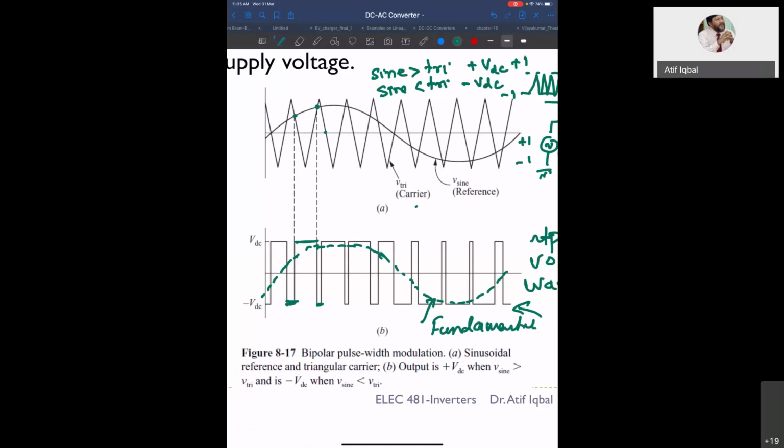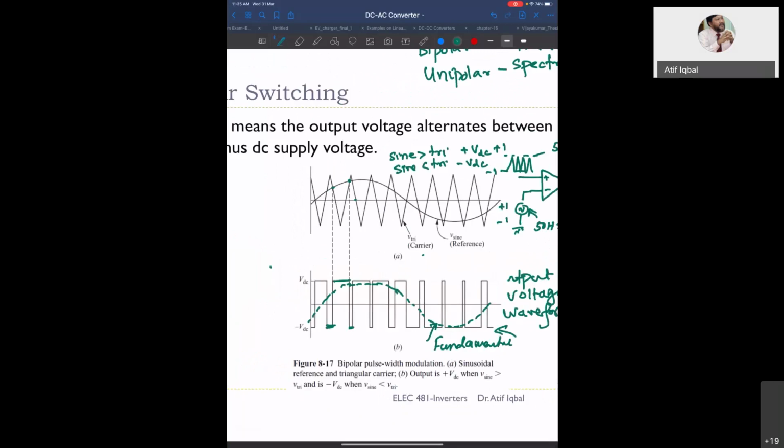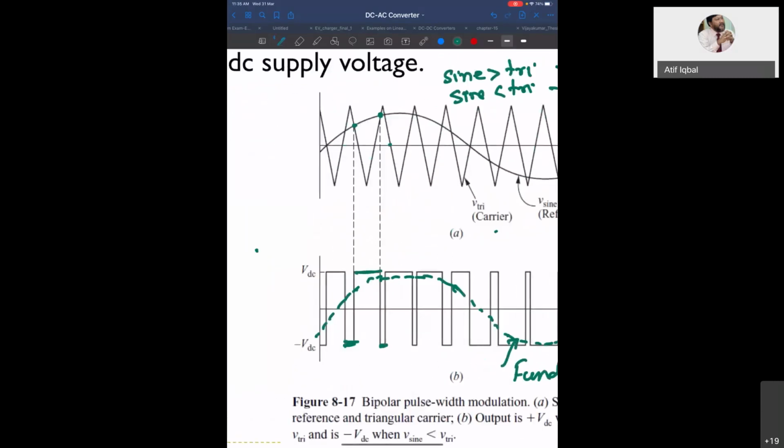This is the fundamental component. So this is called bipolar switching. And whenever you have bipolar switching, what is the issue here? You see, your output is plus VDC, then minus VDC, plus VDC, then minus VDC.